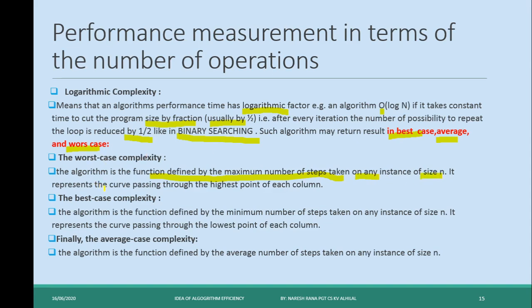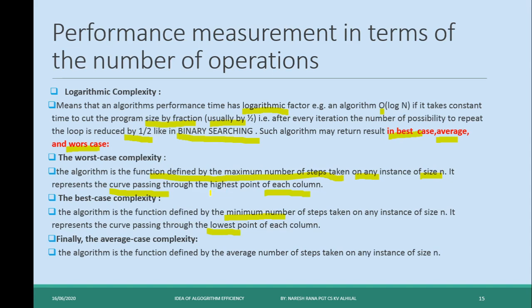It represents the curve passing through the highest point of each column. The best case complexity of the algorithm is the function defined by the minimum number of steps taken on any instance of size n, so it represents the curve passing through the lowest point.